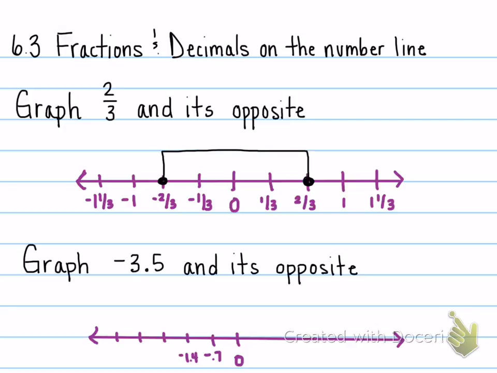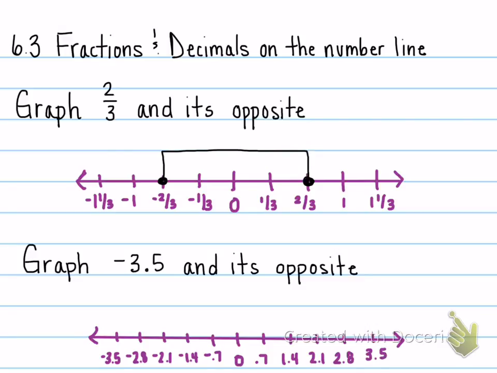So it just gave me fewer hash marks or equal intervals to deal with. So then 0, this would be 0.7, 1.4, 2.1, 2.8, 3.5.